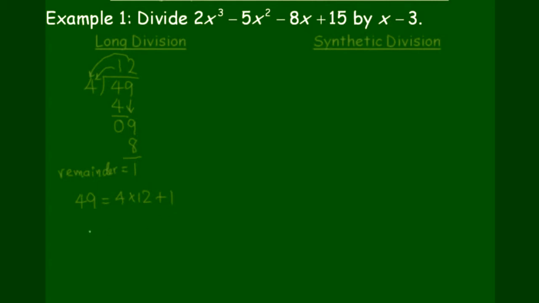Another way to write the division statement, which is not written very much, is to take that statement and divide both sides by 4, the divisor. After those divide out, 49 divided by 4 is 12 plus 1 over 4. That is another way to write the division statement.